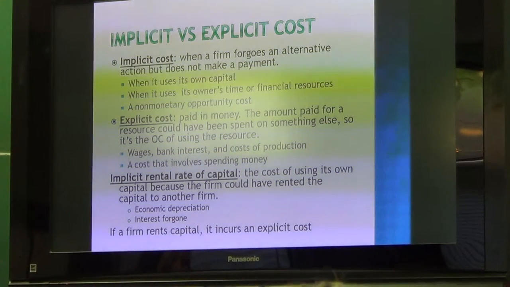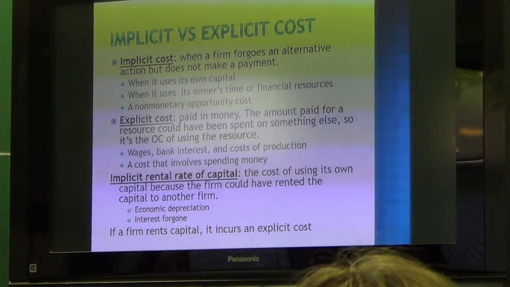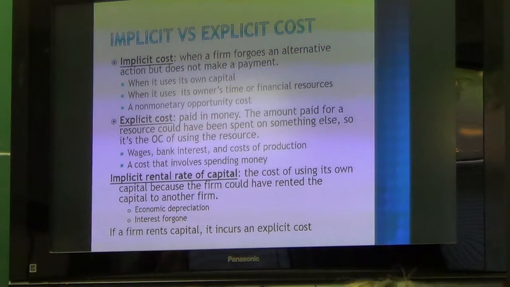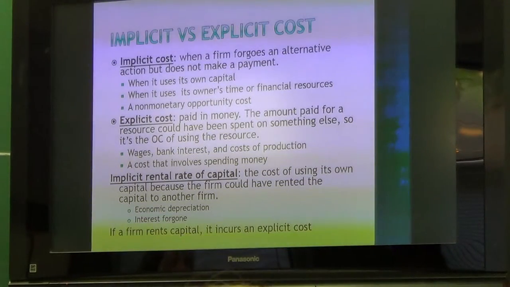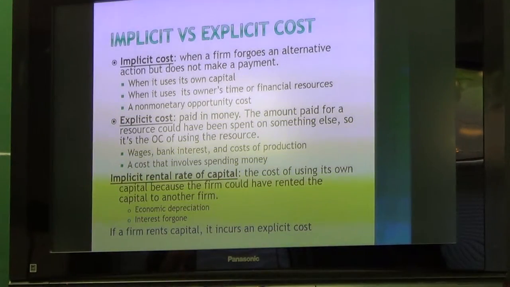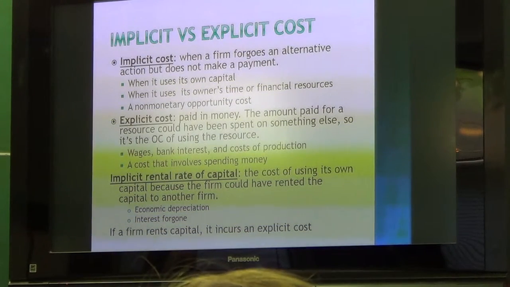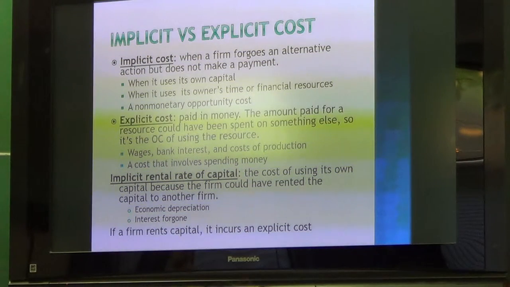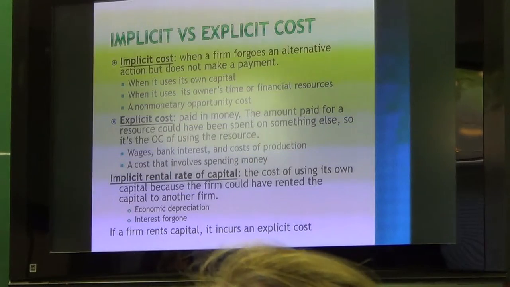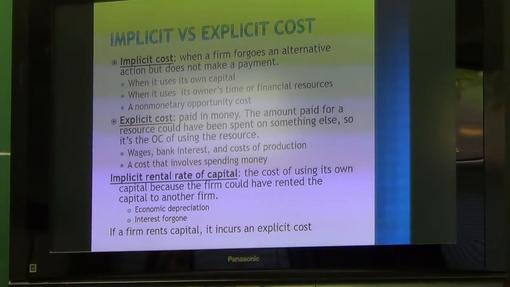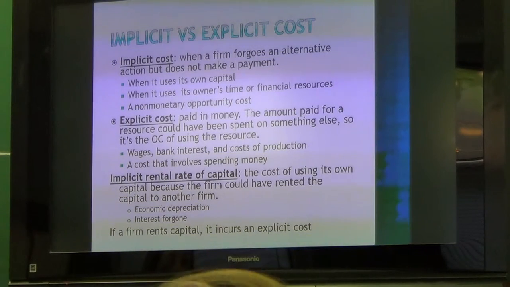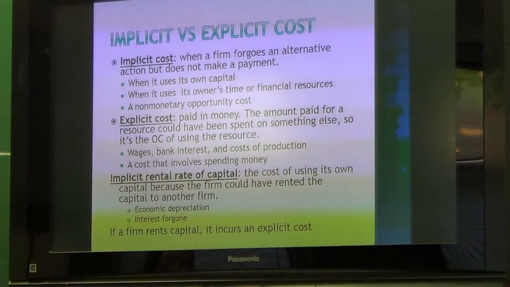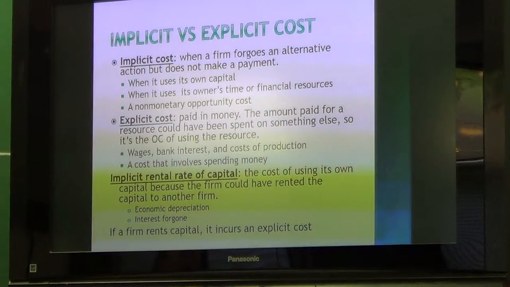So the value of the resource isn't as much, it won't be as worth as much next year as it is today. And then the interest foregone. So if they had rented, they could have charged an interest rate to the firm that was renting from them, and they could have received that interest or that money. So if a firm rents capital, it's incurring an explicit cost, and that's because it's paid money, right?